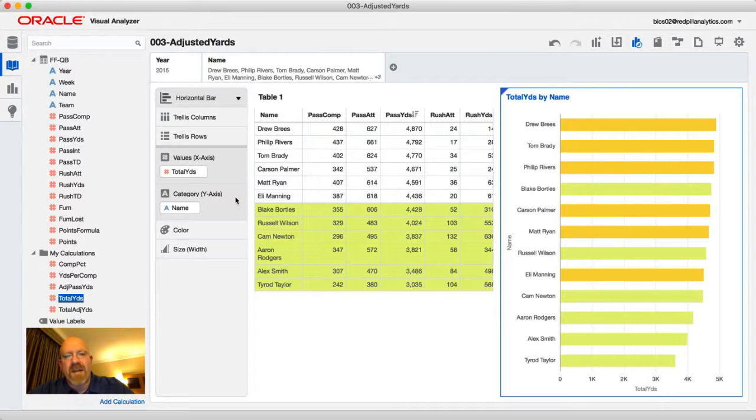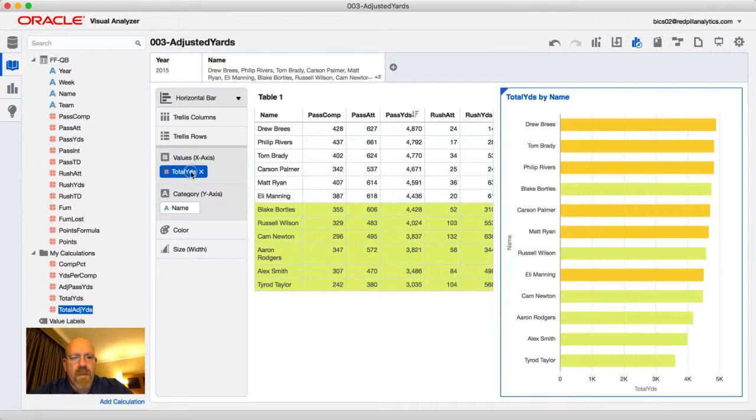But in fantasy football, rushing yards are actually worth 2.5 times as many points as passing yards in typical scoring leagues. So I created this total adjusted yards, where I'm weighting the rushing yards 2.5 times the passing yards.